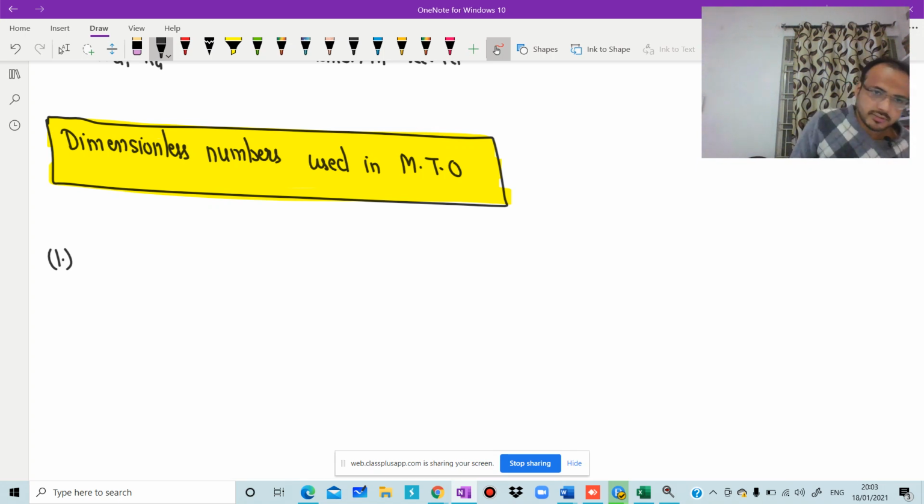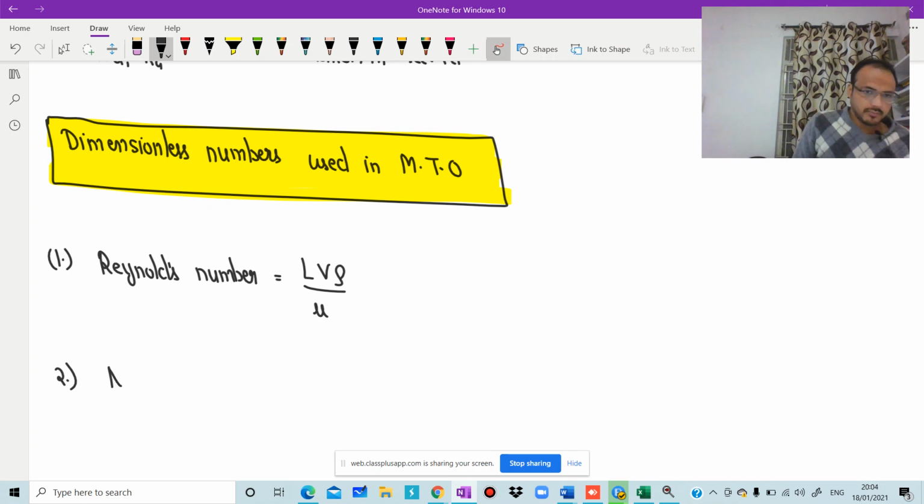First one is Reynolds number. Reynolds number I have already explained in yesterday's class. Reynolds number is LV rho by mu. Second one is a term you already know, Prandtl number.